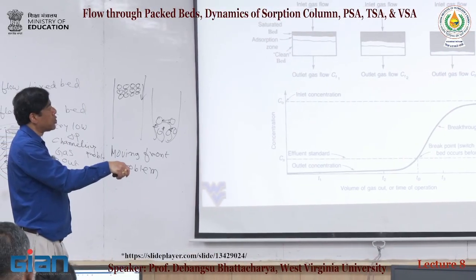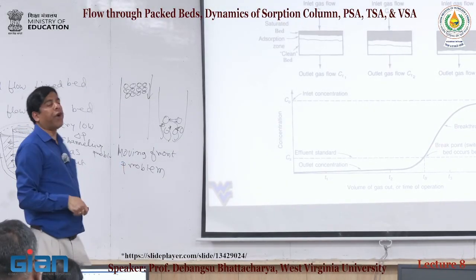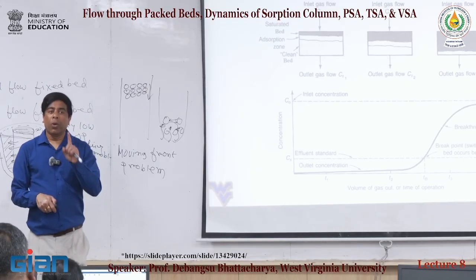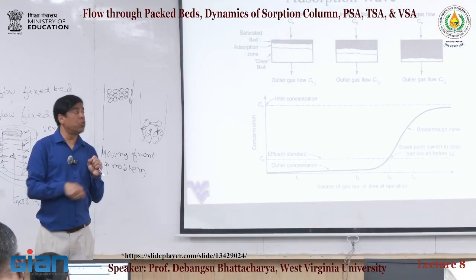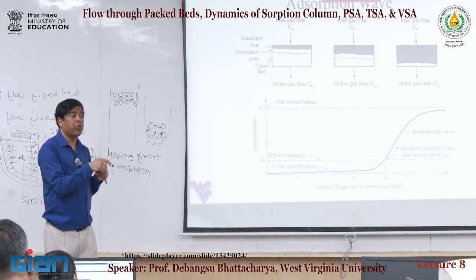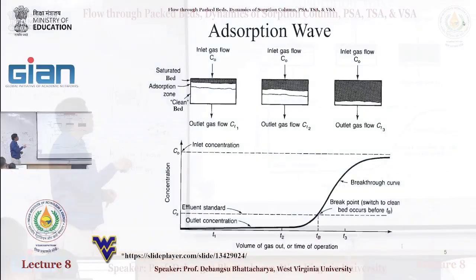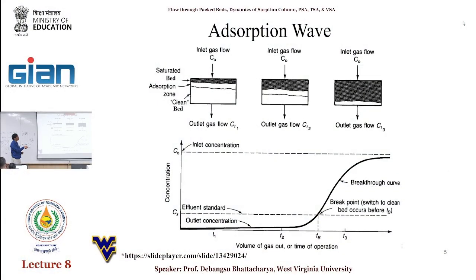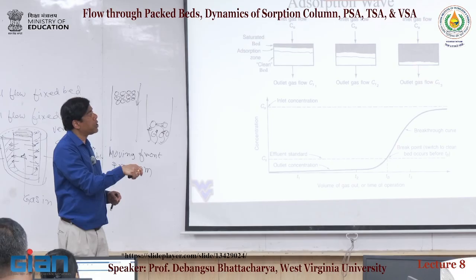So this is basically how it actually looks like. This is the breakthrough curve here, but we always define the breakthrough curve for the outlet. But actually the breakthrough happens at every location. Breakthrough means something is breaking through. So this point will have broken through very early, this point has broken through at a later point, and this is the point when it has broken through.